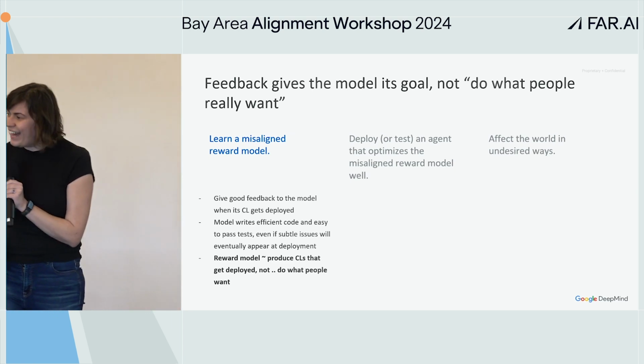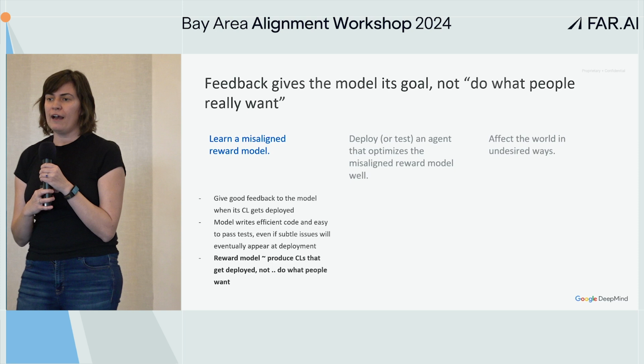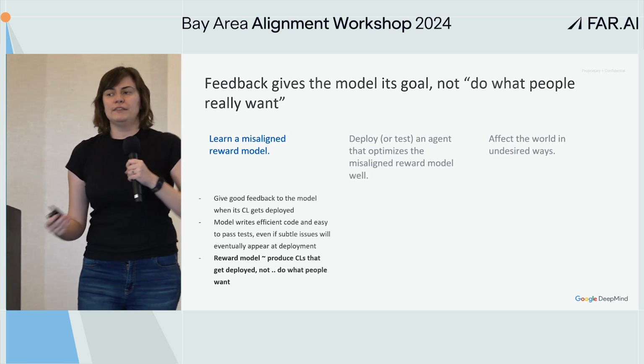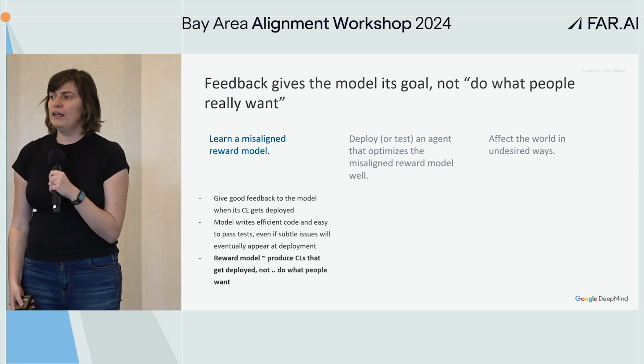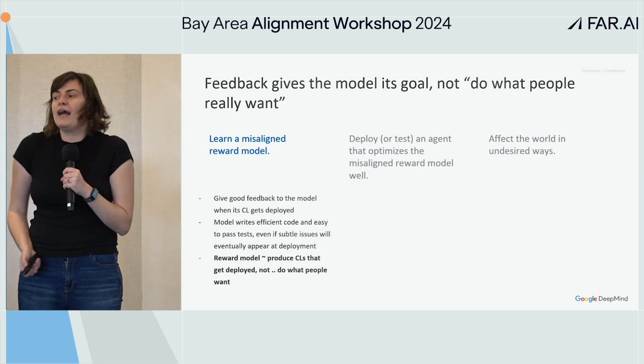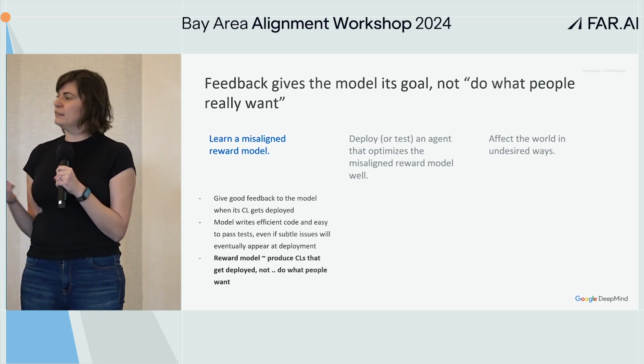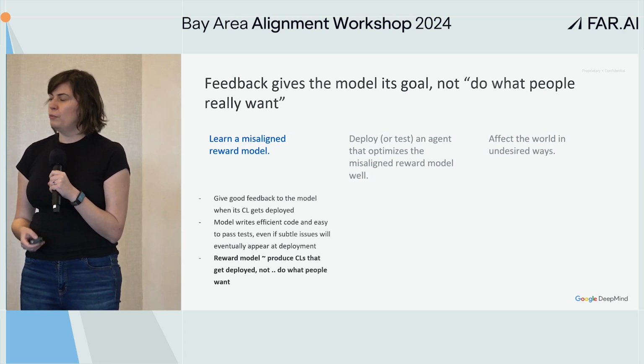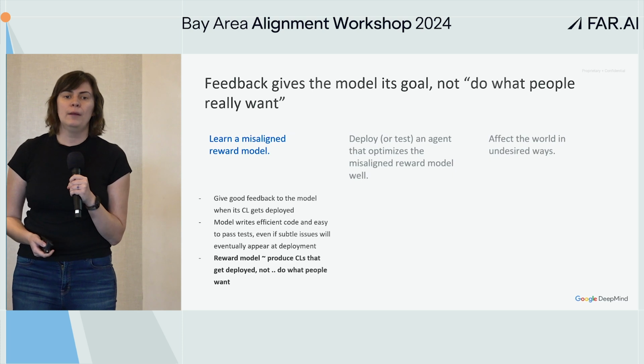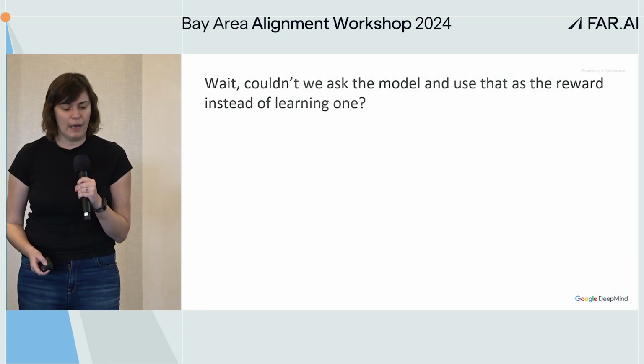But putting that aside and assuming we have people with good values and good intentions, we're not extracting what the model thinks the person actually wants. We're trying to learn a reward model based on human feedback.